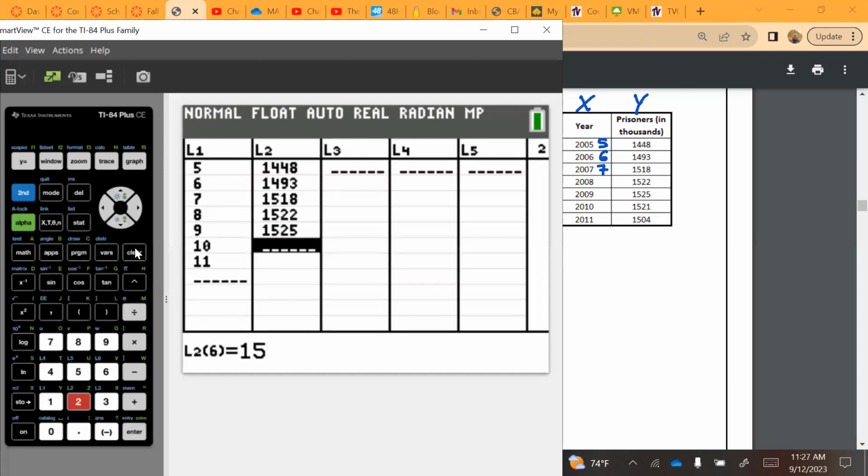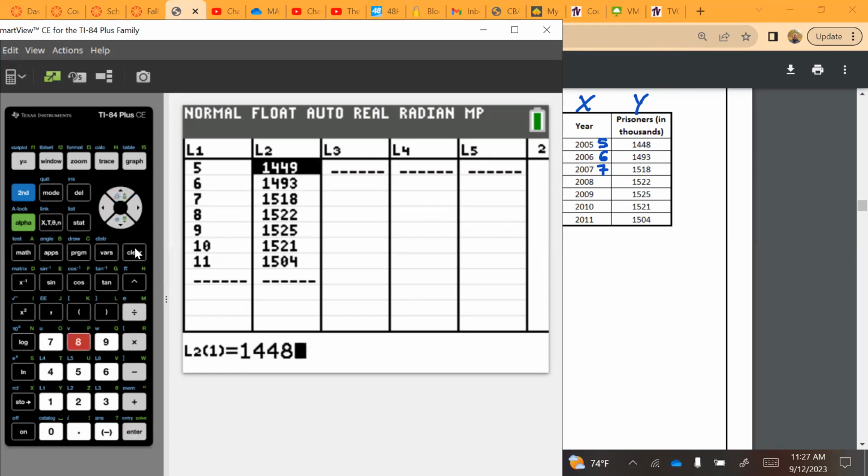Whenever you're typing data into your calculator, which happens a lot in this course, you want to double check you typed it correctly. If anything is off at all, it's going to throw off your equation. Maybe just a little, maybe a lot, depends on the error. If instead of 1448 you accidentally type 1449, that'll throw it off, but not by much.